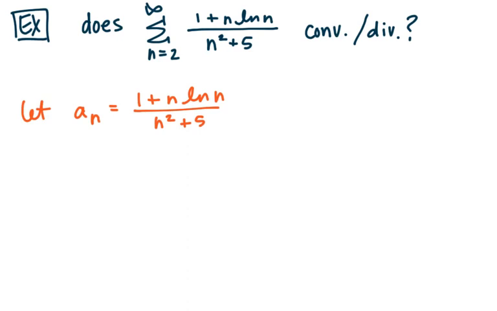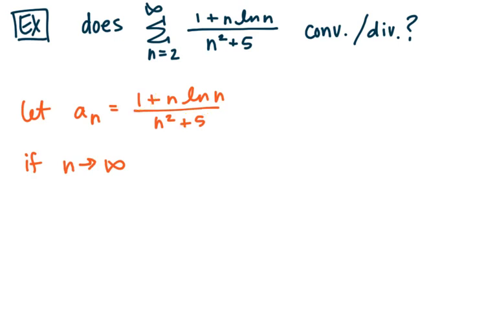And can we simplify this a little bit? So if n becomes really big, if that index becomes great, how do we expect this to behave? This plus 1 and this plus 5, if we have a very, very large n, are rather insignificant.